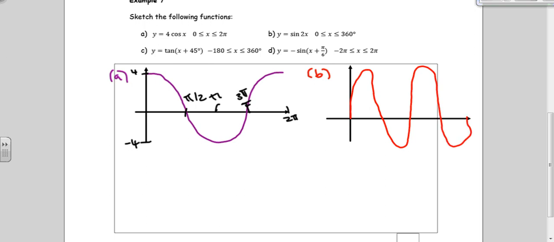So it's a bit wonky, but we're going up to 1 and down to -1.